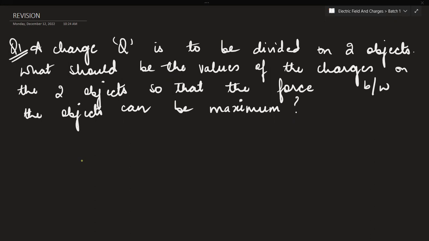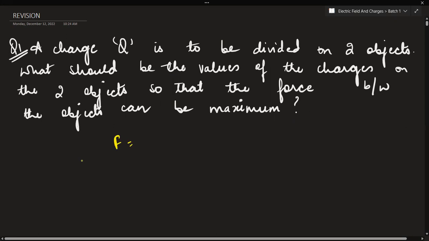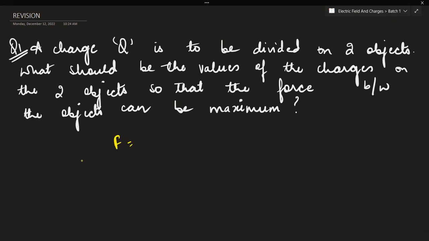See class, here you have a charge Q that is said to be divided on two objects. What should be the values of the charges on the two objects so that the force between the objects can be maximum? So force is 1 by 4 epsilon naught.